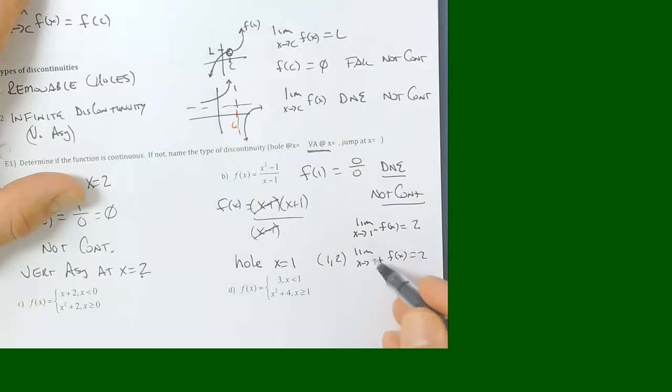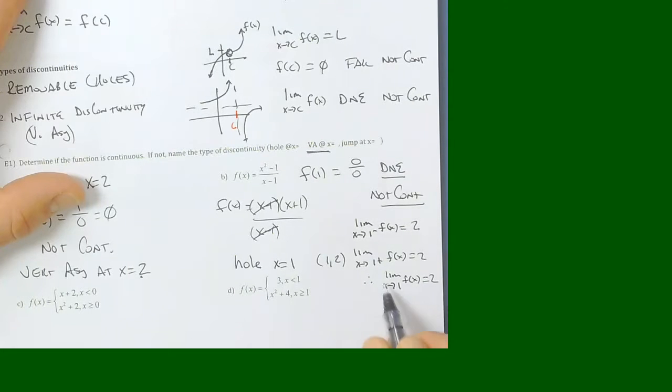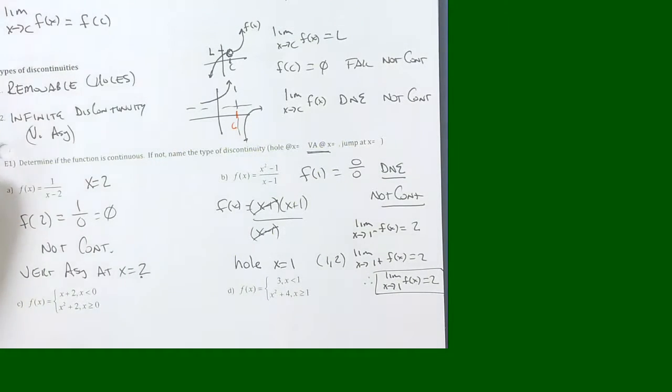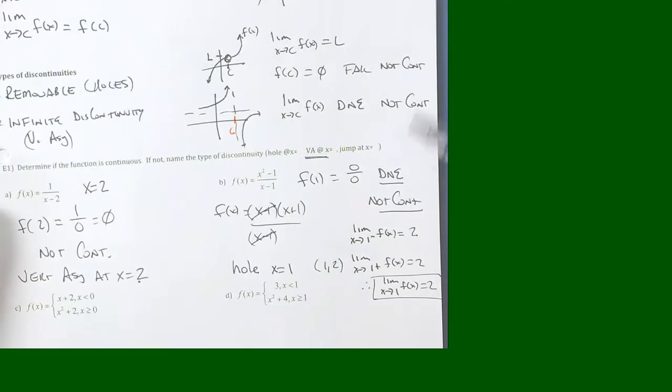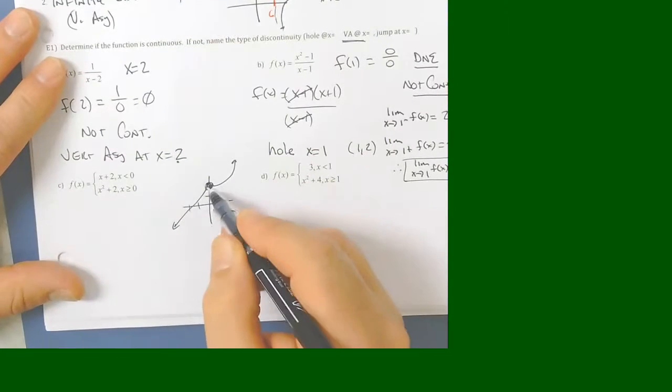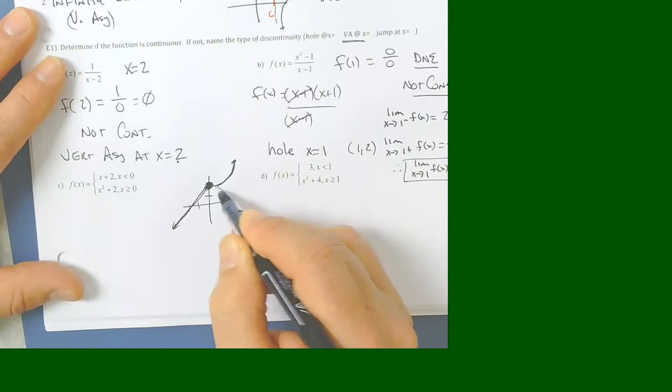The left equals the right, therefore the limit as x goes to 1 equals 2. My limit exists, but my value at 1 does not. So I'm discontinuous at 1. We graphed it. We come in from the left, we're at 2. We come in from the right, we're at 2.